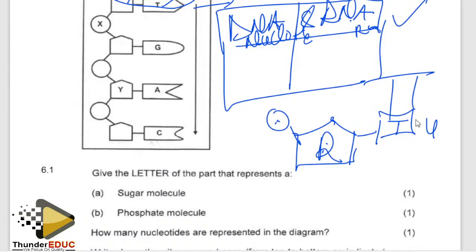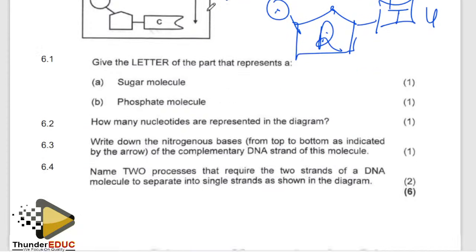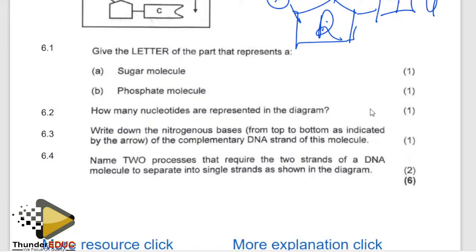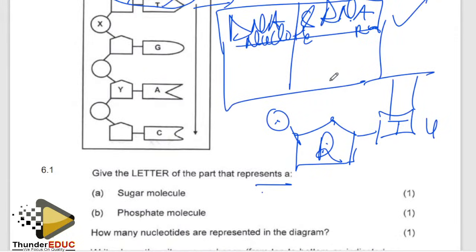If they ask you the difference between DNA replication and transcription, you have to know the differences. We're going to spend a few minutes here. I'm only going to focus on the things which you fail. In DNA replication, the two strands act as a template.